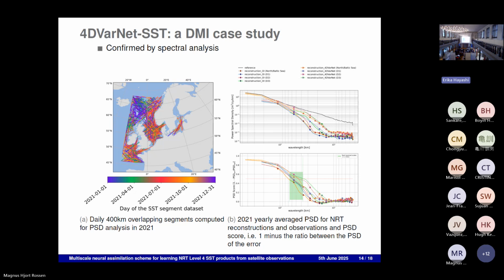And what you can see on the right panel is that the dashed lines, which are the outcomes of the AI methods, generally outperform the actual resolutions retrieved by the optimal interpolation methods, whatever the subdomain considered.